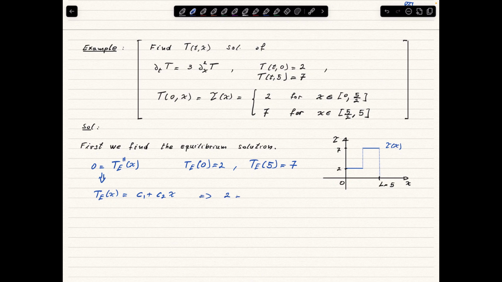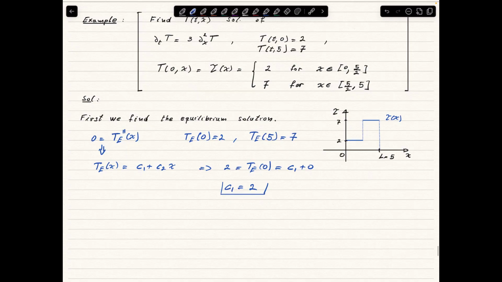2 has to be equal to the equilibrium temperature at the point x equals 0, which is c1 plus 0. So we end up with c1 equal to 2. Okay, and then the other boundary condition is that 7 has to be the temperature at 5 on the other side of the bar.